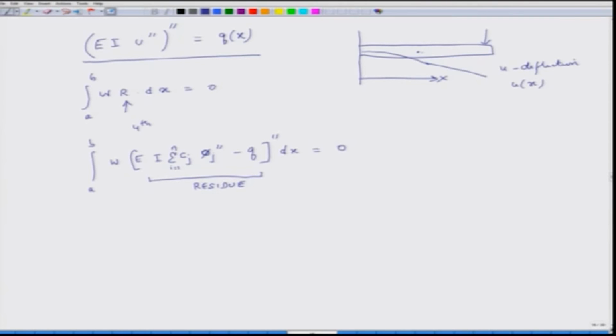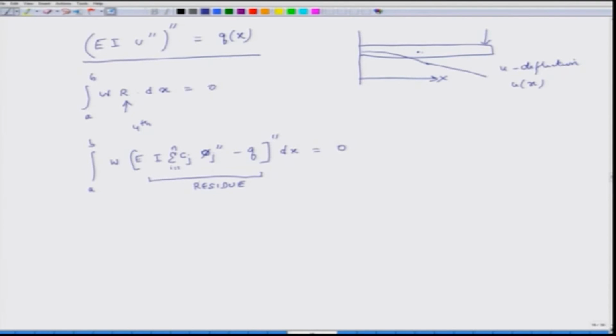That is the residue. So, the relation says integral of W times EI and then summation of Cj phi j double prime prime, Cj's are constants, phi j I have to differentiate 2 times, and then from the right side I bring in Qx. So, if this is not exactly 0, then there will be a residue.